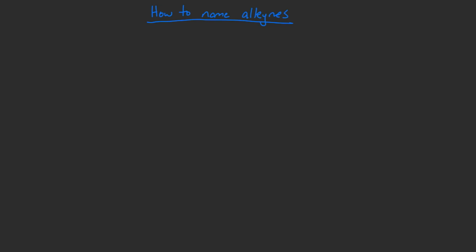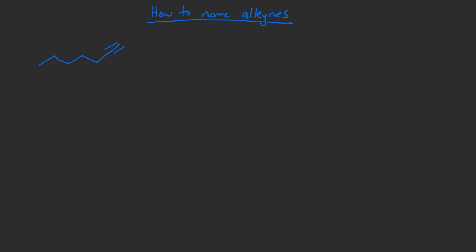Okay, so for our first compound that we're going to look at, we're going to start off simple. And we will just do the name of a terminal alkyne. Terminal alkyne meaning the alkyne is at the end of a carbon chain.